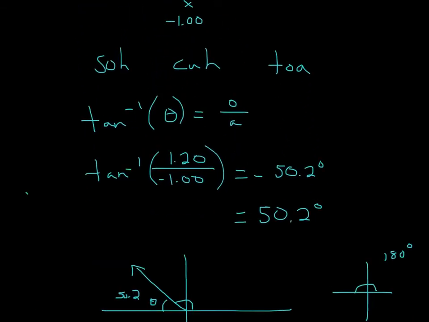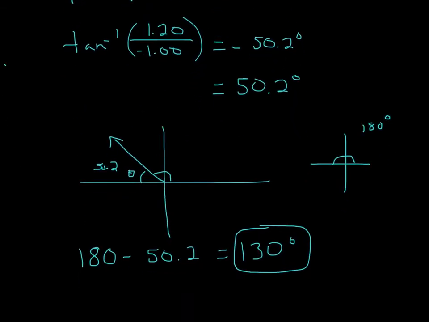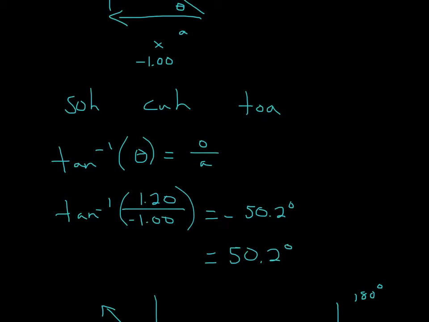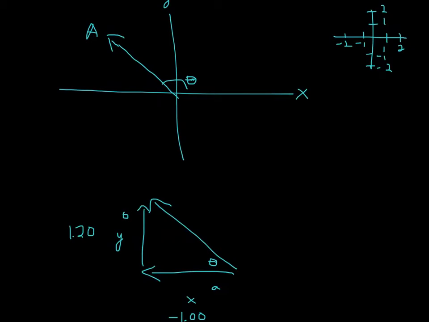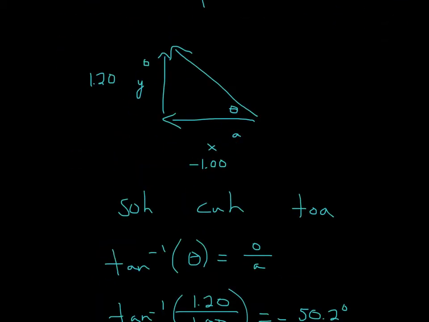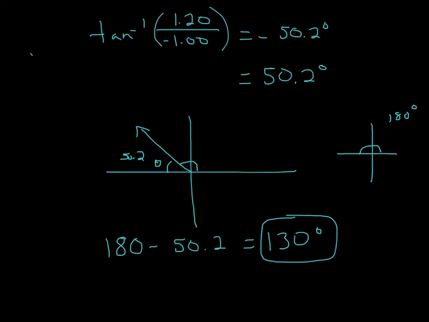So we keep going, and we also ask, is this our answer? No, it actually isn't, because the question wanted from the x-axis to the vector. But now that we found that angle of 50.2, we plug that in there. Now we can actually solve for this part.